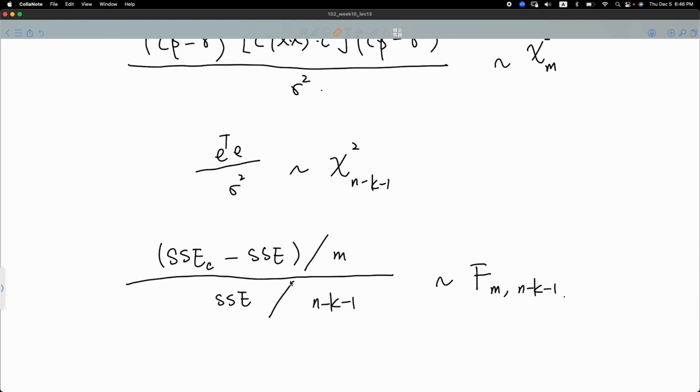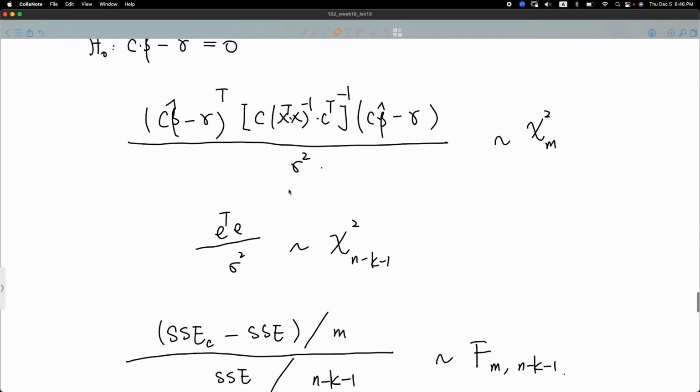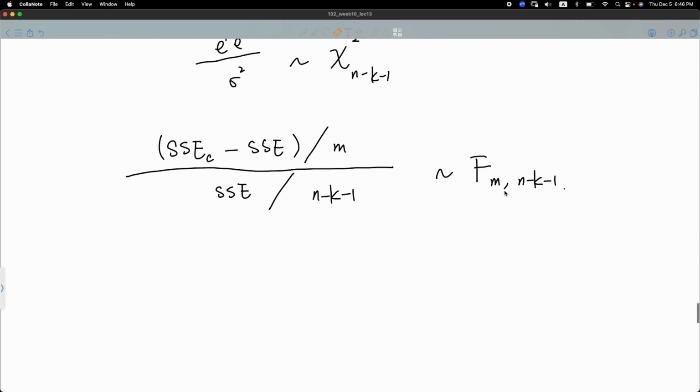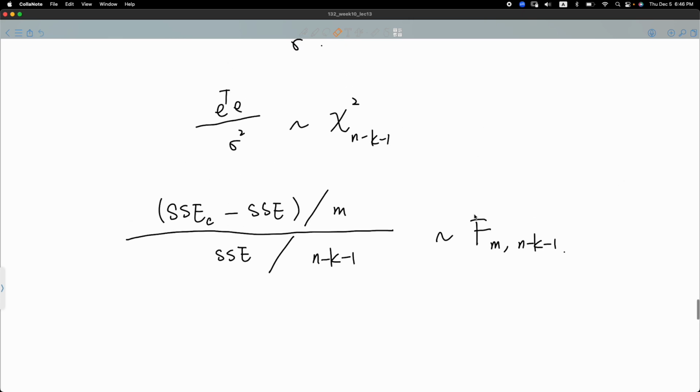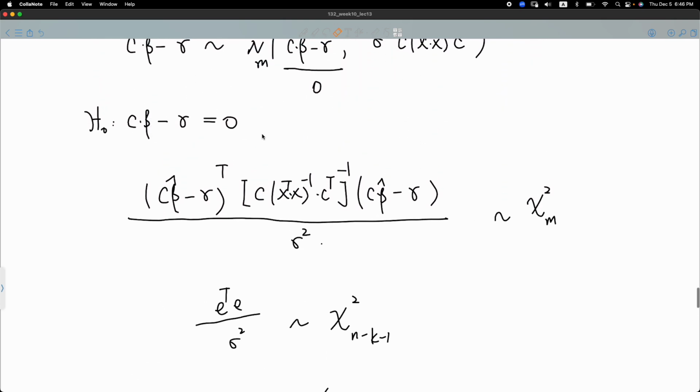And then by taking the division, the parts that we don't know cancel out, resulting in an F distribution. And this will allow us to calculate the p-values and then to reject or not reject the null hypothesis. So we are just doing lots of manipulation and borrowing different distributions to achieve the distribution for the test statistics, and that allows you to perform the hypothesis testing.